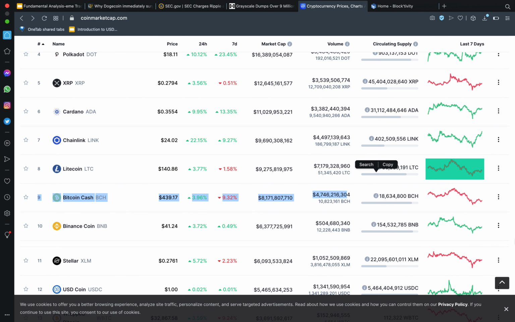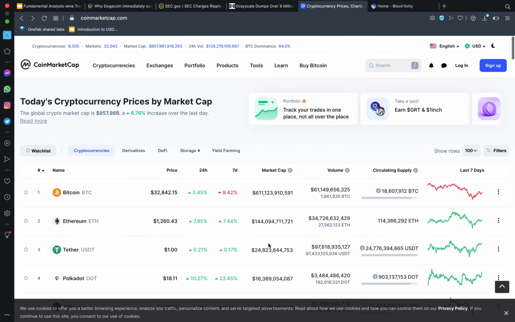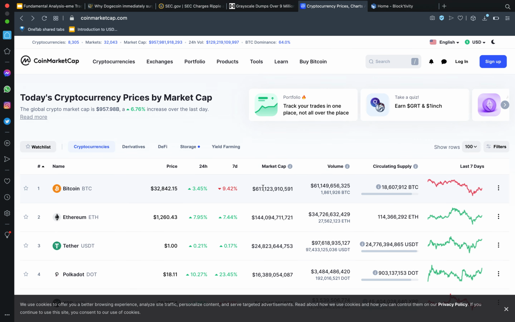So don't go ahead saying XLM is very cheap, and this price does not give you everything you need to know. You need to look at the amount of XLM in circulation, and then you need to look at the market cap. In short, the market cap tells you more than the price does. If you look at the market cap of Bitcoin, for example, it tells you there's $611 billion invested in this project.